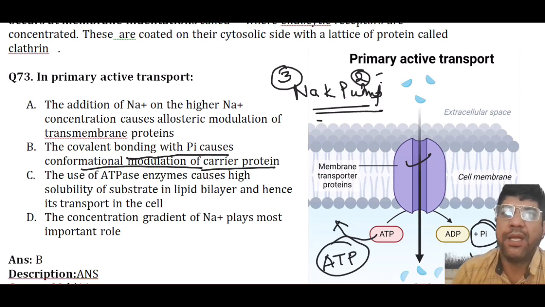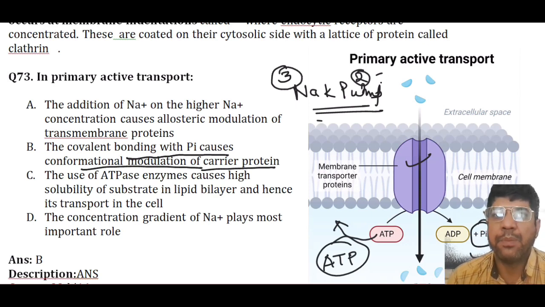So in the sodium potassium pump, the pump binds to intracellular sodium. The ATP is hydrolyzed to ADP, and the energy released during this process is used to change the shape of the pump, that is conformational modulation. This change in shape will allow the pump to release sodium outside the cell.